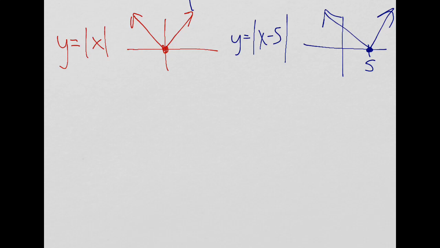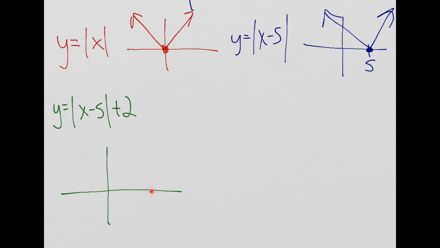So the next one that I'm going to talk about is adding an up-down shift. So if I have y equals absolute value of x minus 5 plus 2, then 5 is still the number that makes me take the absolute value of 0.